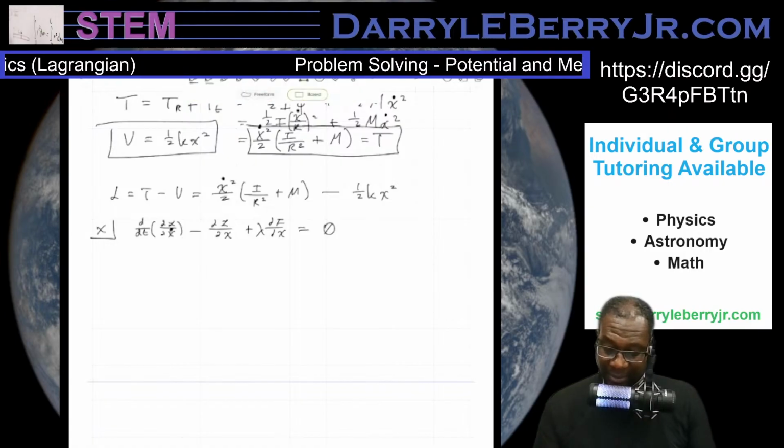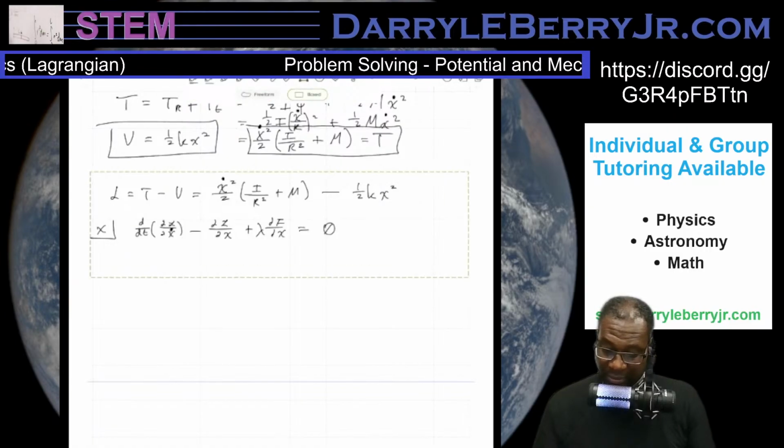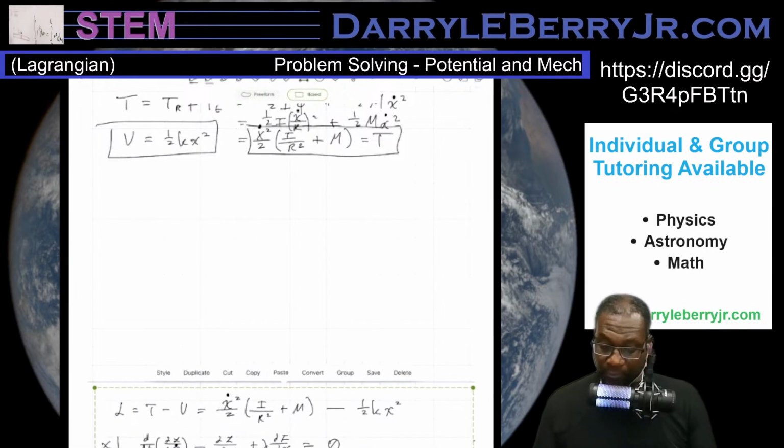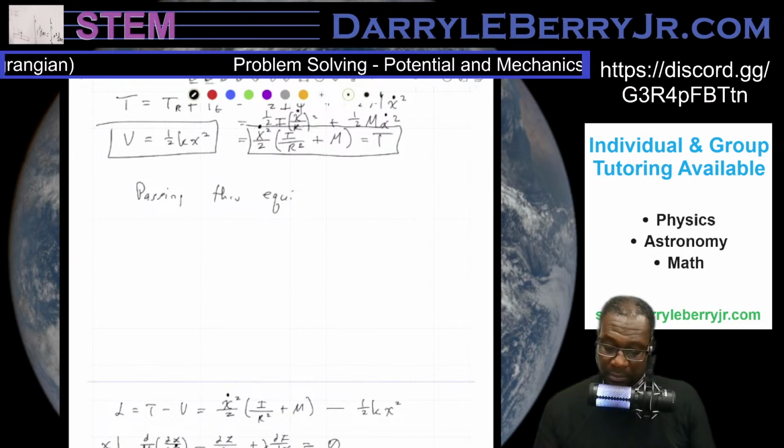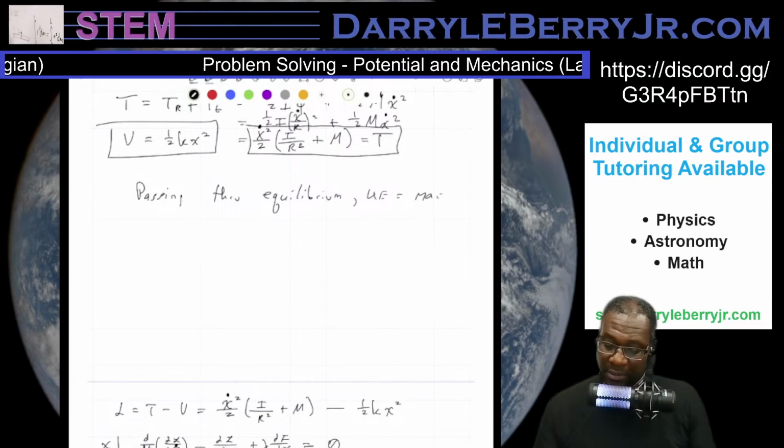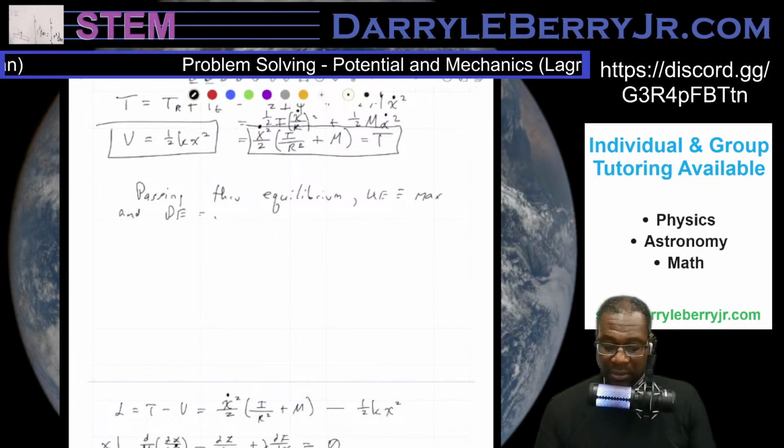And actually, I might be able to pass up on this. So passing through equilibrium, KE equals max and PE equals 0.